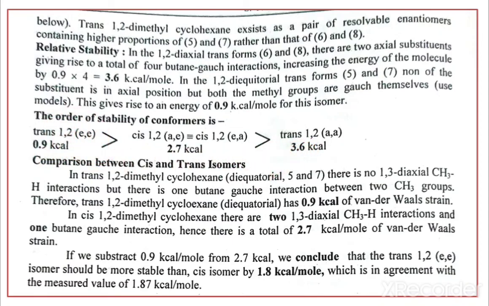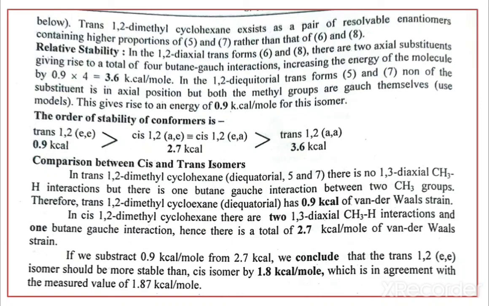Now the comparison between cis and trans isomers. In trans 1,2-dimethyl cyclohexane, that means diequatorial 5 and 7, there is no 1,3-diaxial interaction, that means no CH3-hydrogen interaction, but there is one butane-gauche interaction between the two CH3 groups.